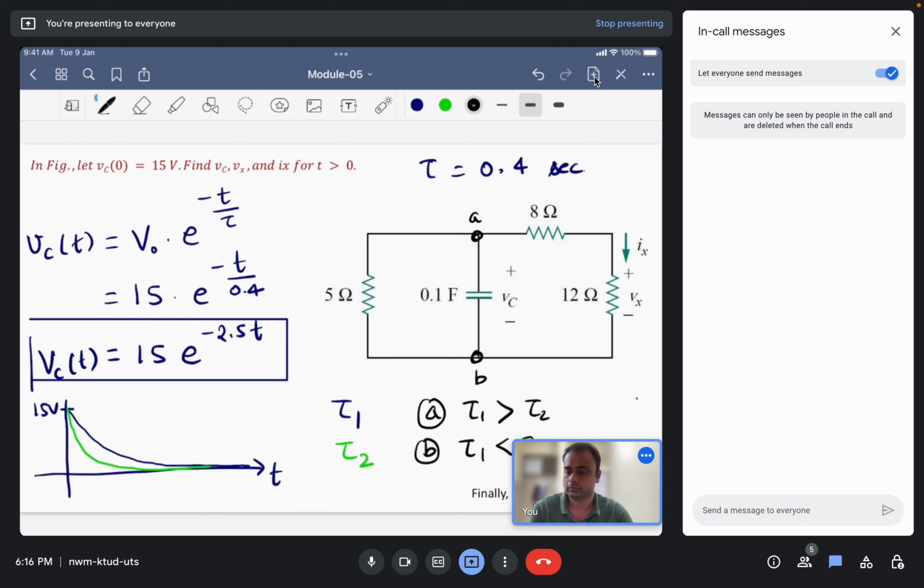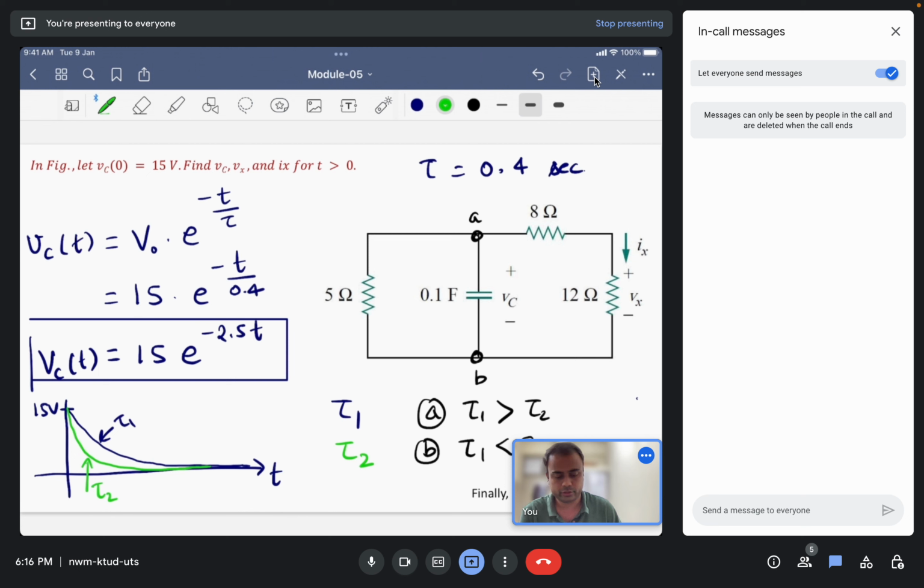So anybody? The blue one I am saying is tau 1 and the green one is tau 2. So the answer is that a lower value of tau means we can reach the steady state faster.